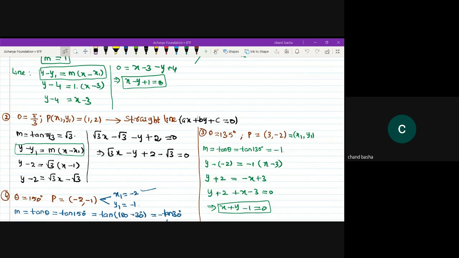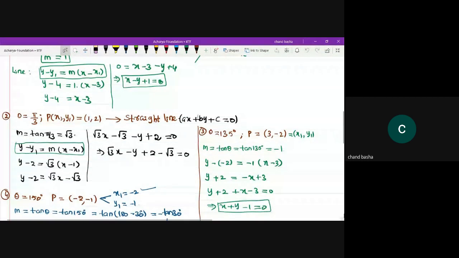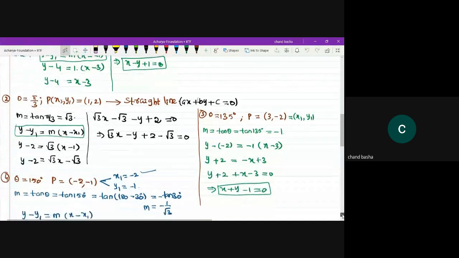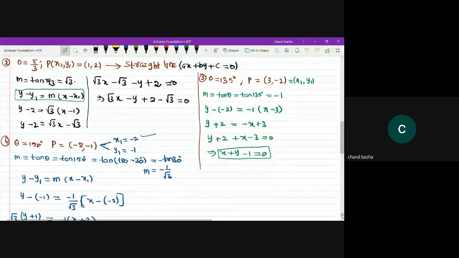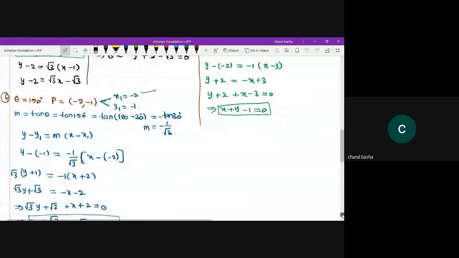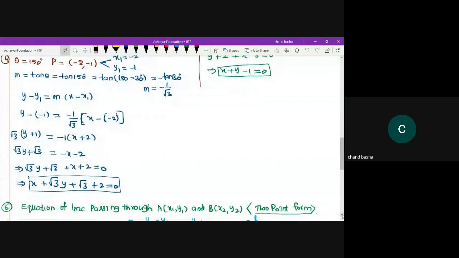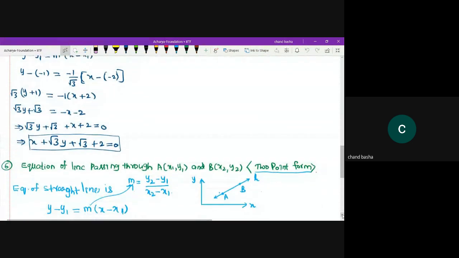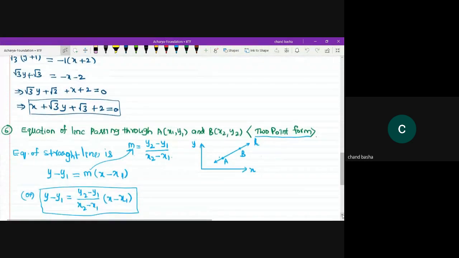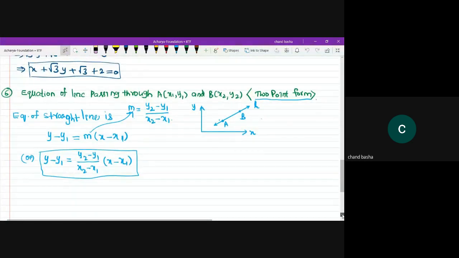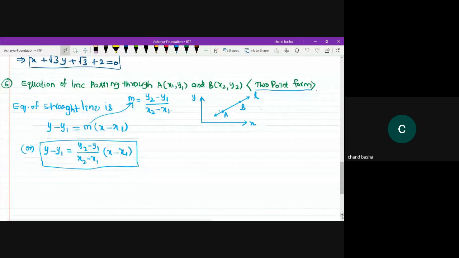Let's move to the next point, point number 6. Yesterday we discussed this point also: equation of the straight line passing through 2 points. We have the equation of the straight line in one point and slope form, that is y minus y1 is equal to m into x minus x1.